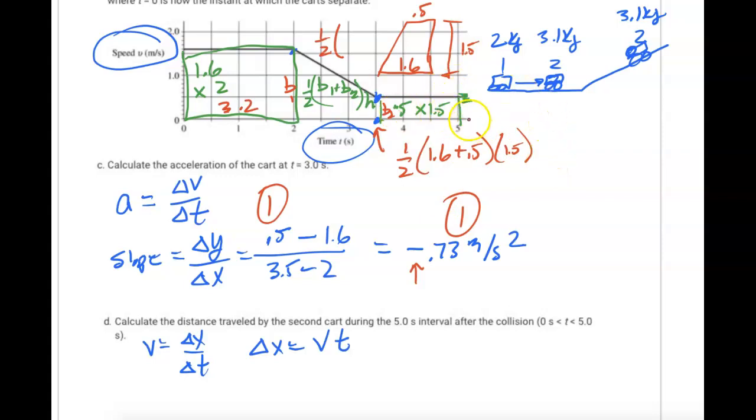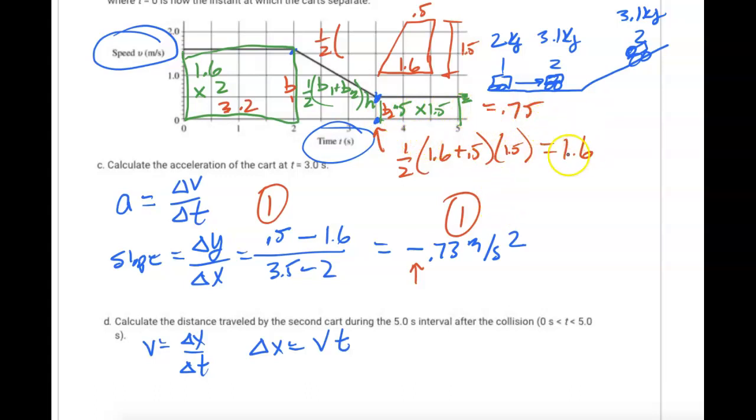And then the last one is 1.5 times 0.5, and that's equal to 0.75. Now we can do all of our math. We know this is 3.2. The trapezoid, when you do it, is essentially 1.6. And then this little part at the end is 0.75.